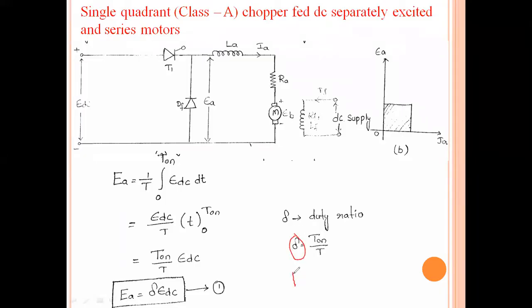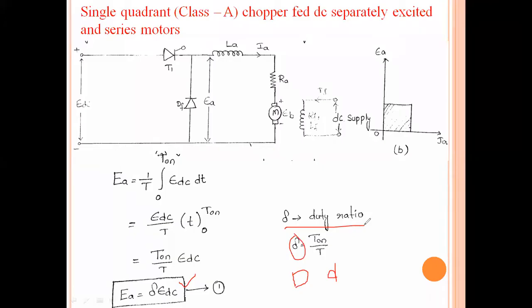Where this t on by T is written as delta or D, capital D or small d, called the duty ratio or duty cycle. So the final expression to calculate the average value is EA equal to delta EDC, or you can simply use D also, but you need to mention what D or delta is.